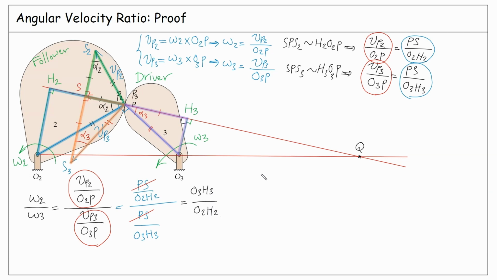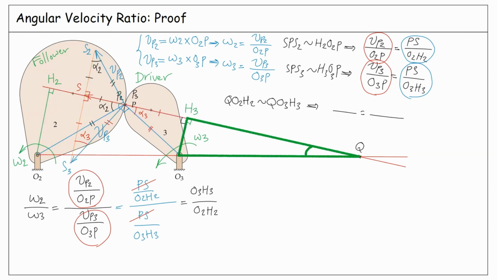Now, due to the similarity of the triangles QO2H2 and QO3H3, we could say in this small triangle, opposite to the angle Q, we have O3H3, and opposite to the right angle, we have O3Q.